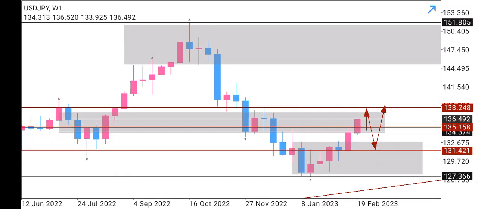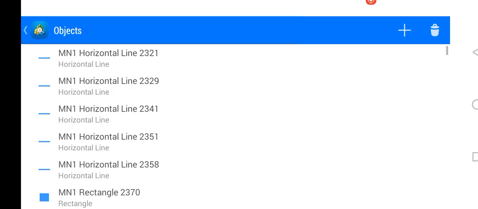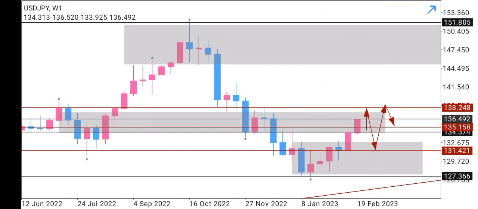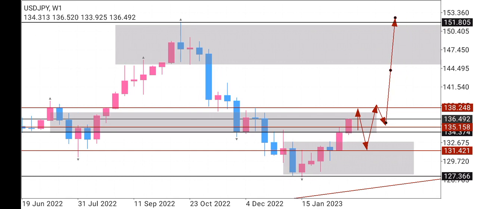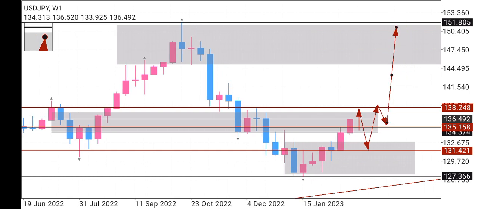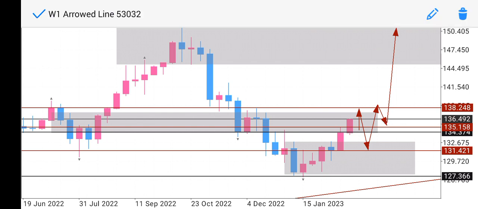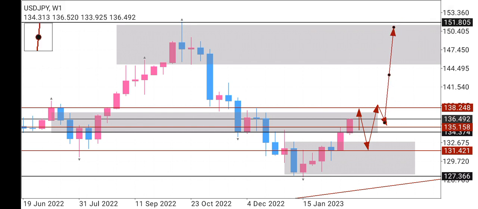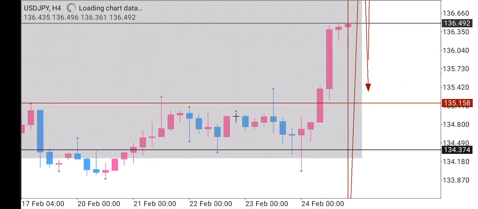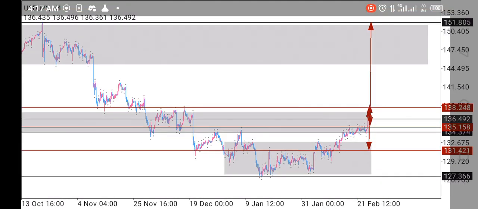This is the weekly outlook. Then we'll now go long, bullish to this point. So this is what I'm actually looking at. But let's go down to the 4 hour to see what is happening there.